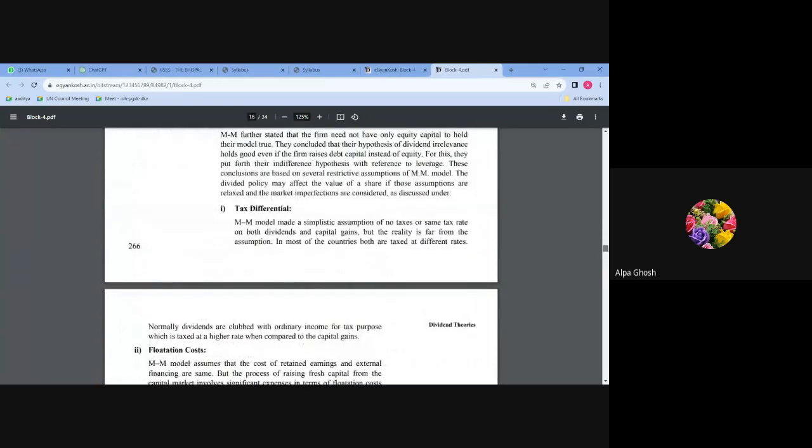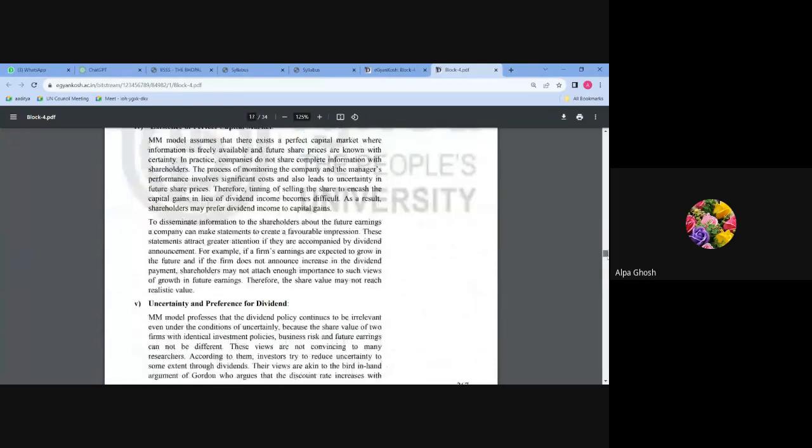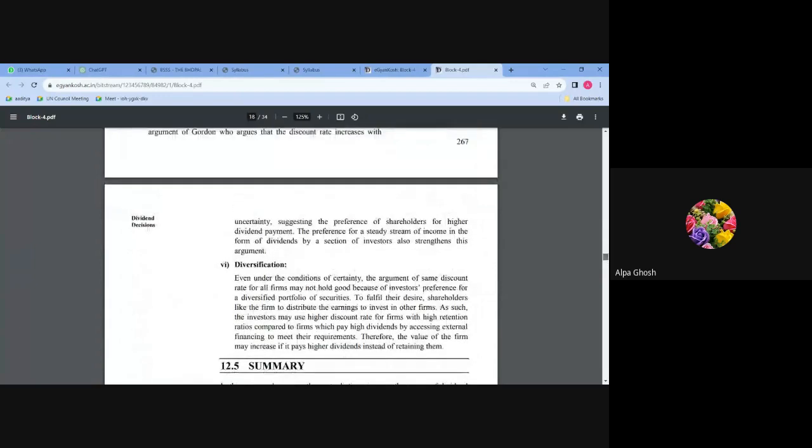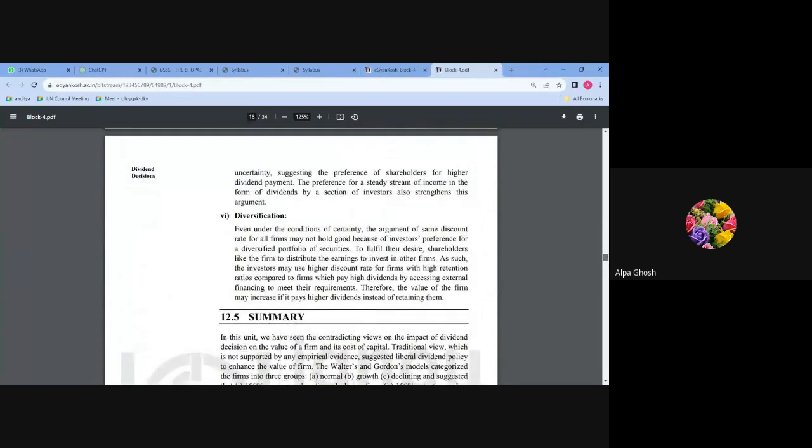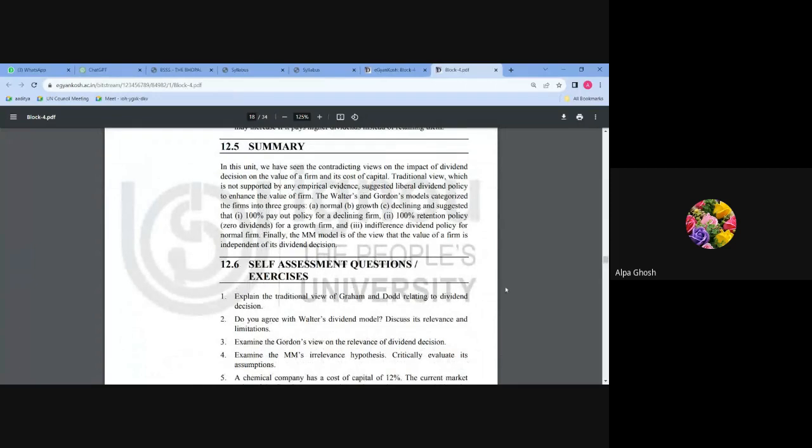So when we talk about the first part, that is the relevance theory, what happens? It says there is an impact of dividend decision on the value of a firm and its cost of capital. The traditional view is not supported by any empirical evidence.